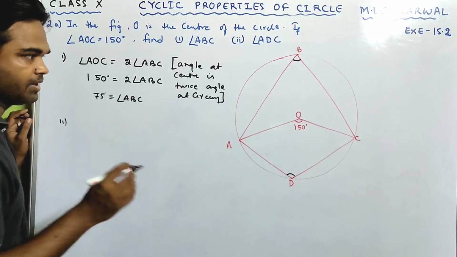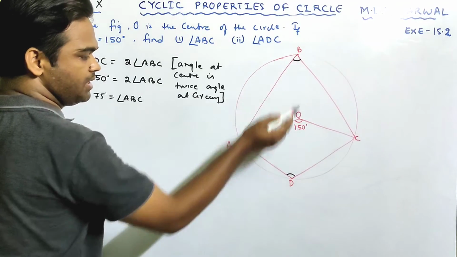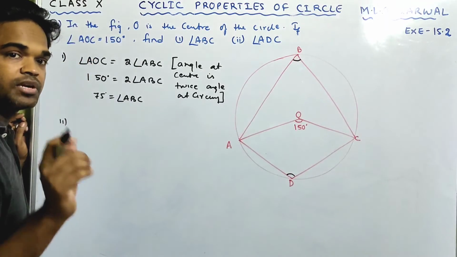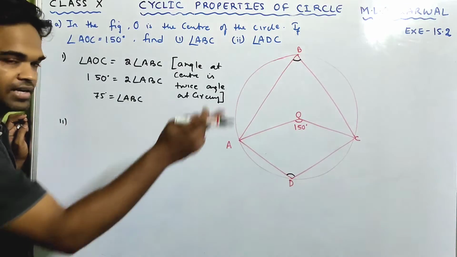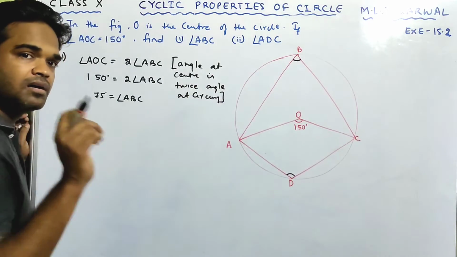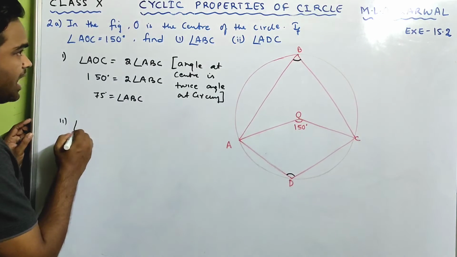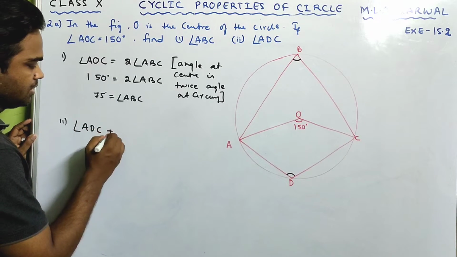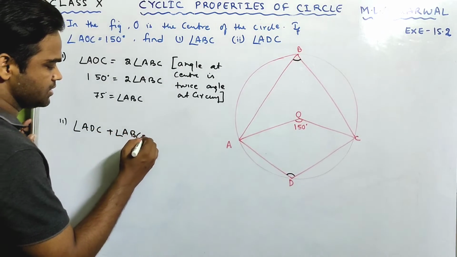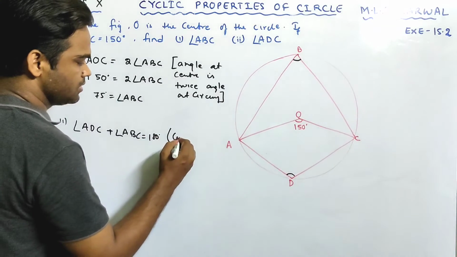Now look carefully. We'll use the cyclic property. Angle B and angle D add up to give 180. In a cyclic quadrilateral, opposite angles are supplementary, which means angle ADC plus angle ABC is equal to 180 degree.